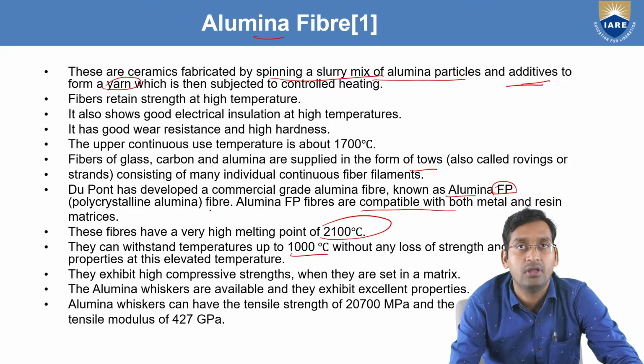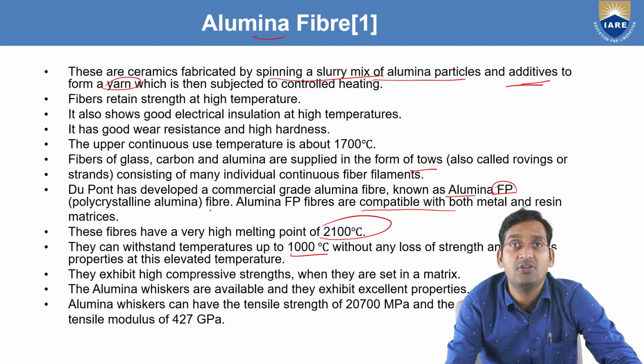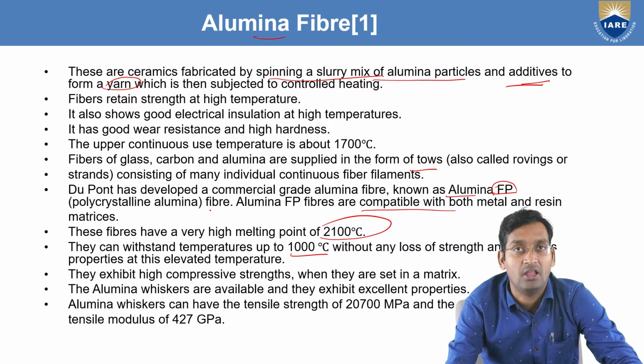At this elevated temperature they exhibit high compressive strength when they are set in a matrix. So once they are combined with the matrix, they show higher compressive strength. Alumina whiskers are also available and they exhibit excellent properties.